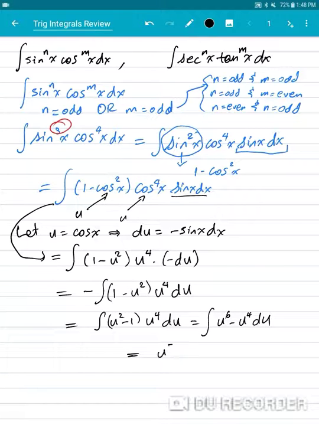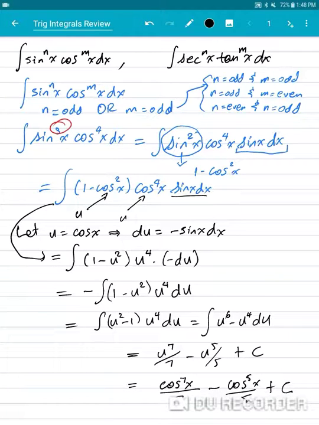And this is u to the power of 7 over 7 minus u to the power of 5 over 5, plus c. Knowing that u is cos x, that gives us cos to the power of 7x over 7 minus cos to the power of 5x over 5 plus c.